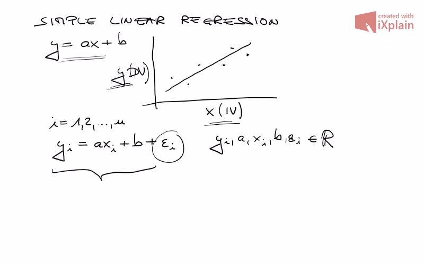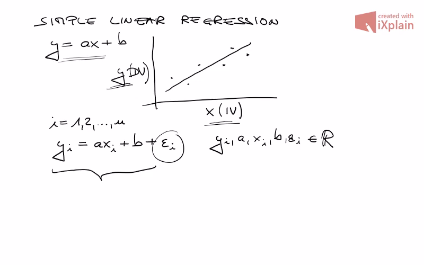So to write a simple linear regression in matrix notation, we will focus on the deterministic aspects, and leave this epsilon i for a little bit later. I will use that then as a bridge to introducing probability. But for the moment, we focus on this yi equals a xi plus b.